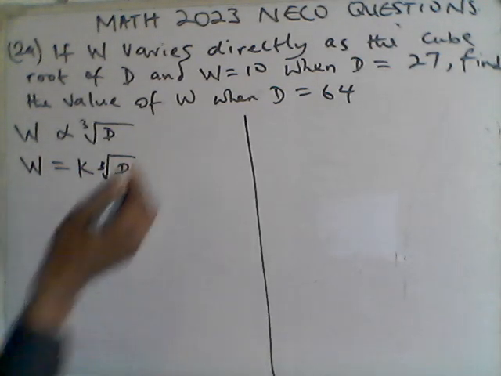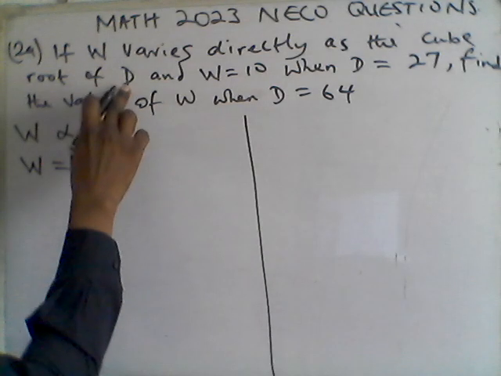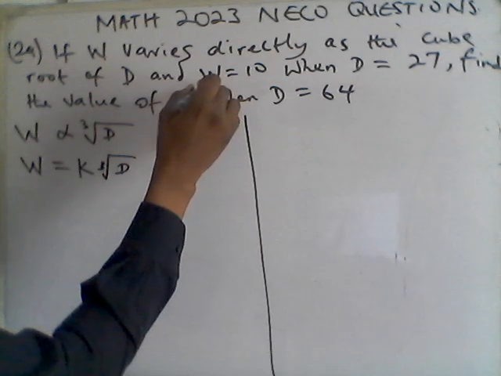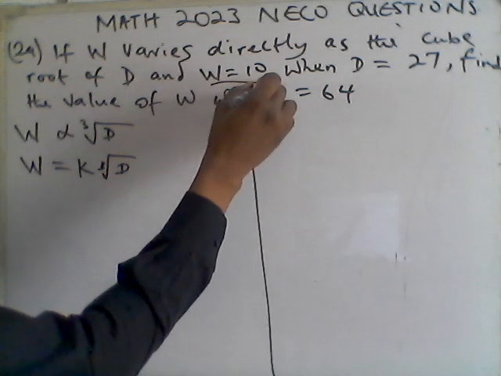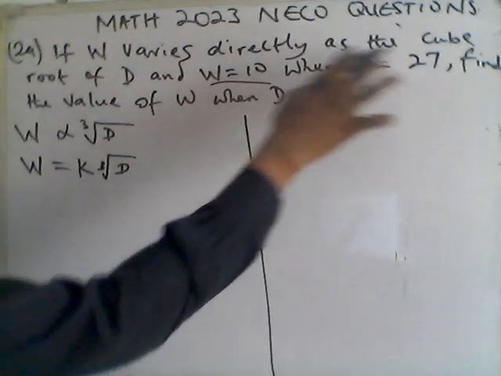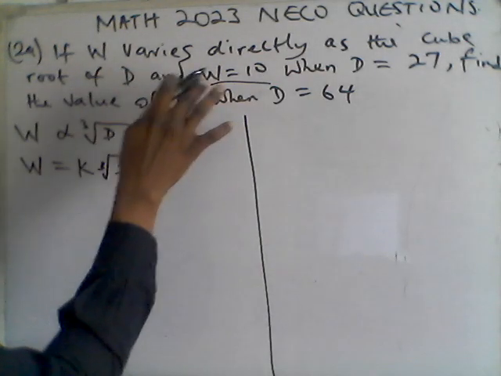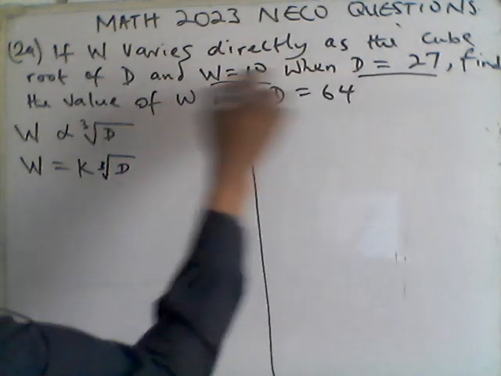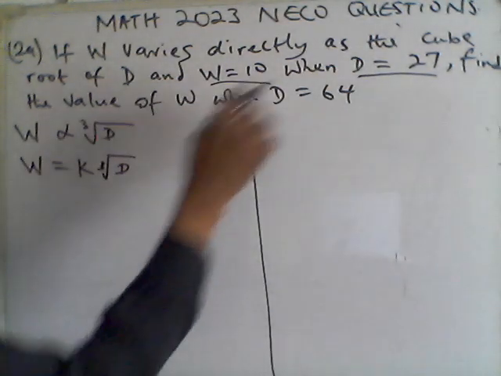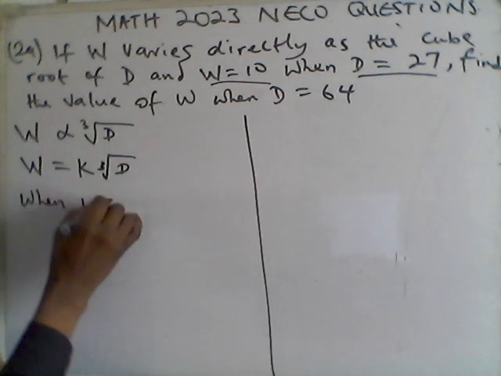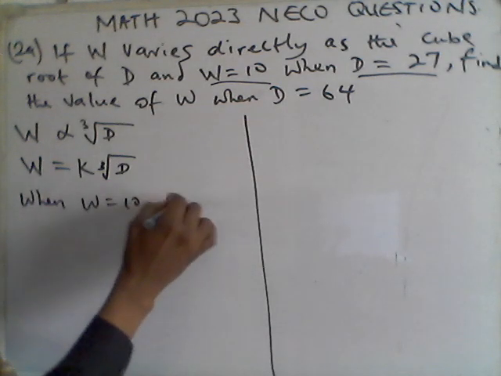So I can now put the relationship. For the first statement, w varies directly as the cube root of d, and w is equal to 10 when d is equal to 27. So with that first relationship, when w is equal to 10, d is equal to 27.